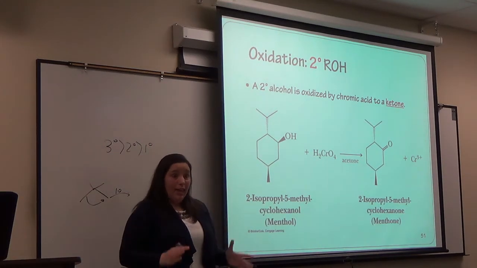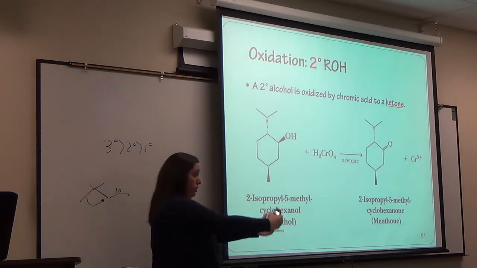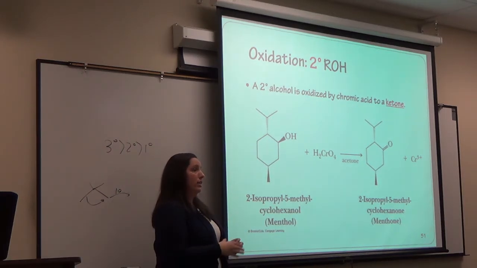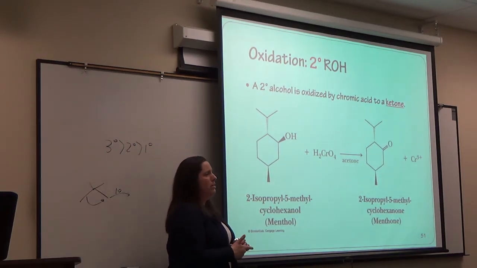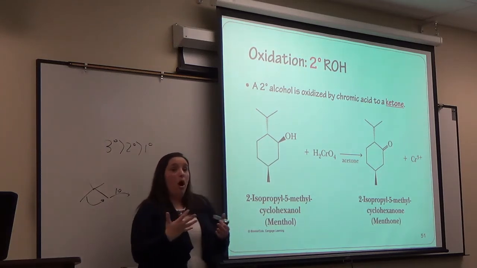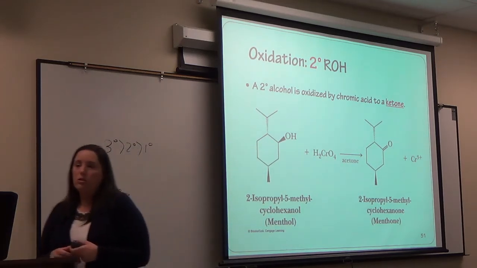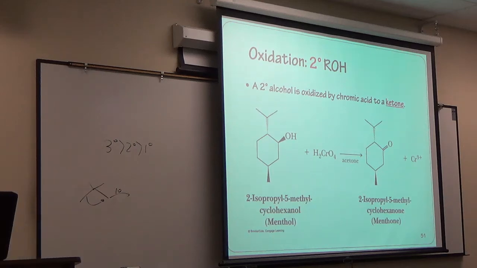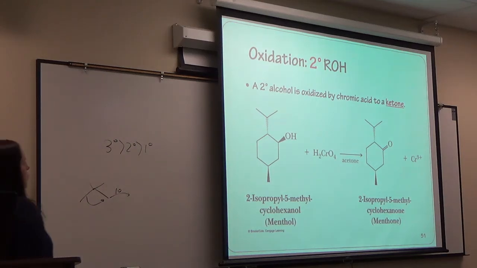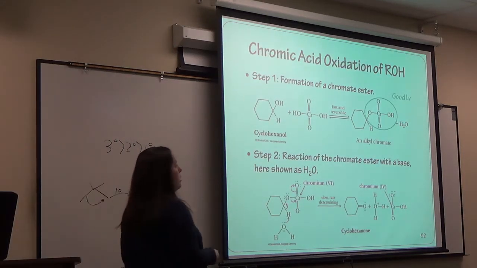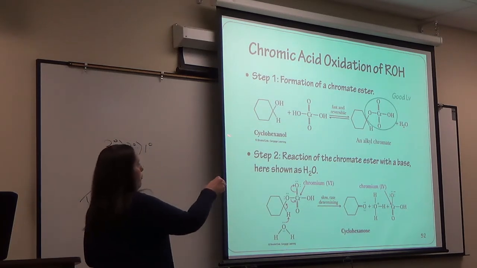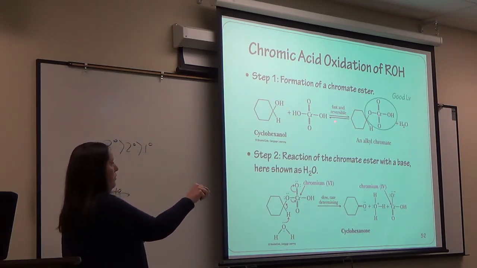So the secondary never goes to the carboxylic acid. It stops at the ketone. Does that make sense? There's no more bonds, right? Nothing else to be lost, no hydrogens to be lost. So this is what chromic acid does, and this is what's going to happen. So again, you're forming, right, that good leaving group, and in this case is the chromate ester.